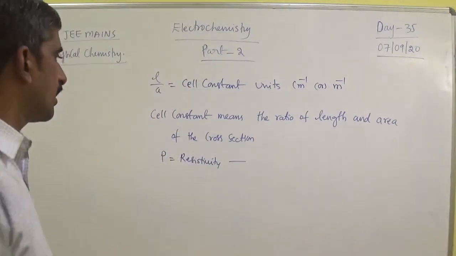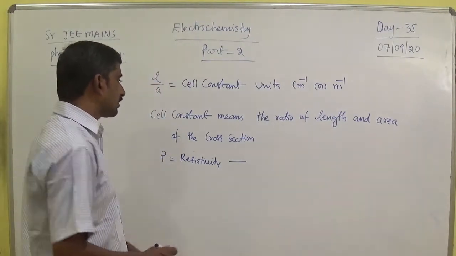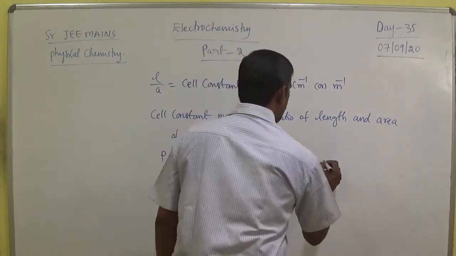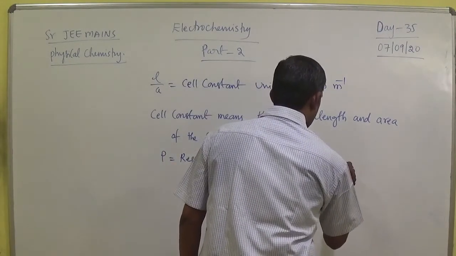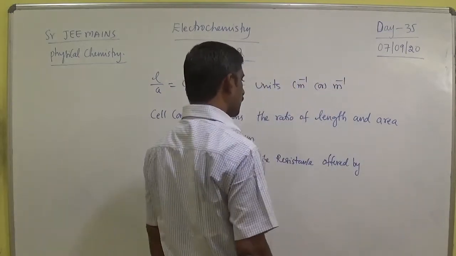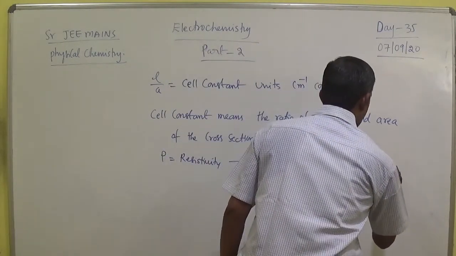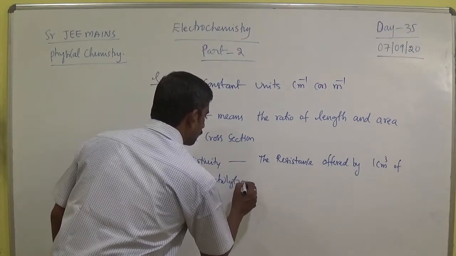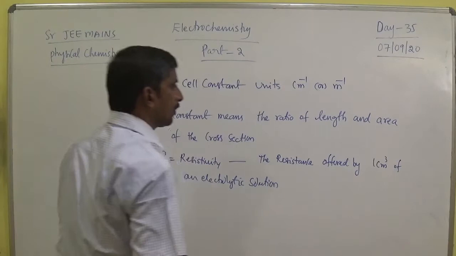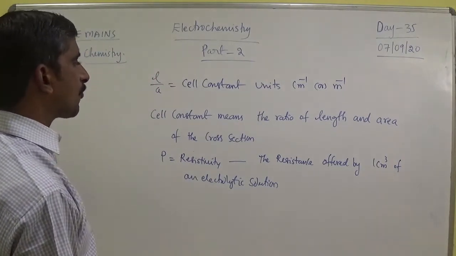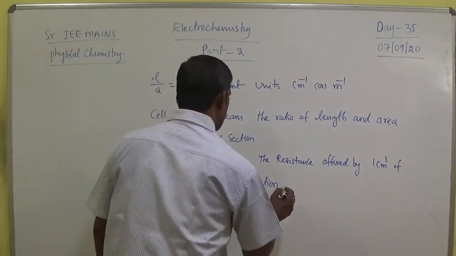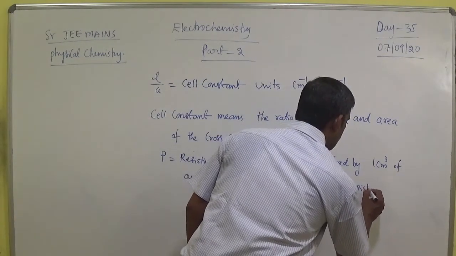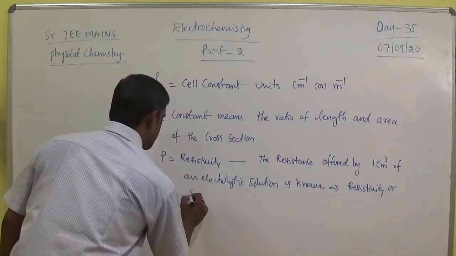Here is the simple definition: the resistance offered by 1 cubic centimeter of an electrolytic solution is known as resistivity, or another name, specific resistance.